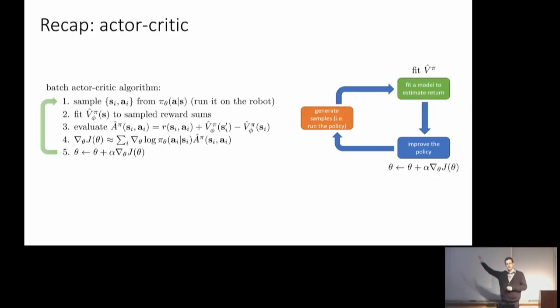Then, for every sample that you've collected, you're going to estimate the advantage of the action in that state. So for every sample, you'll estimate A hat pi (s_i, a_i) by using the reward that you actually got, and then the value at the next time step minus the value at the current time step. And this tells you how much better is that action than the average action in that state according to your estimated value function.